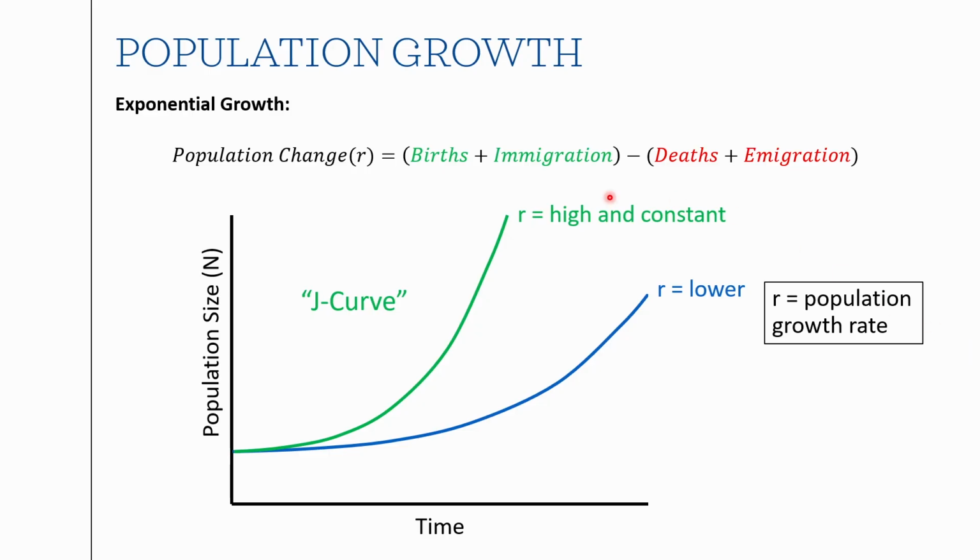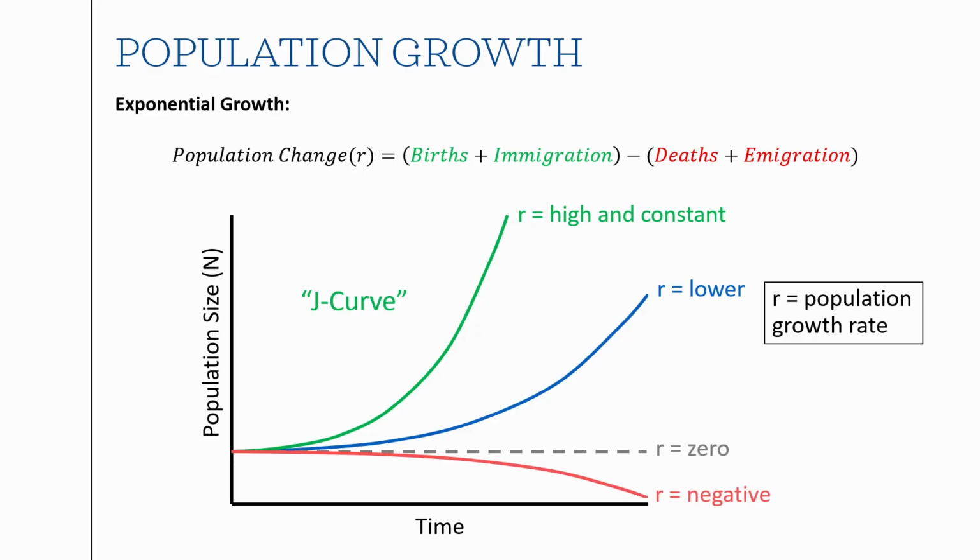Now, what would happen if birth rates and death rates and emigration are equal, right? Well, then population growth rate R would be 0, and that would flatline the growth, right? There would be no growth at all. And the last condition is, well, what if death rate and emigration are greater than birth and immigration? Well, then the R would be negative, and that would cause the population to decline.